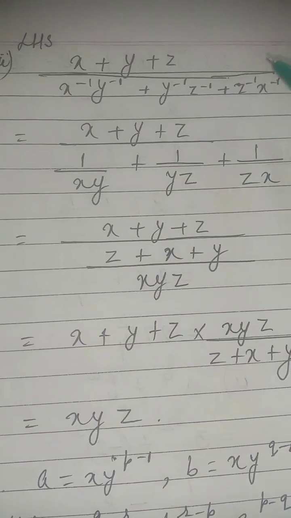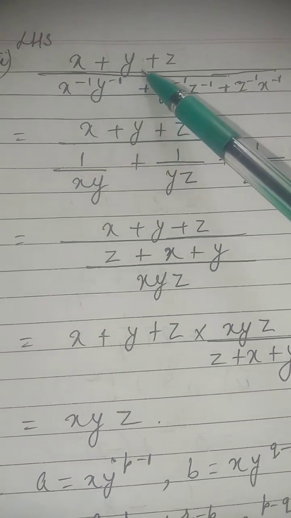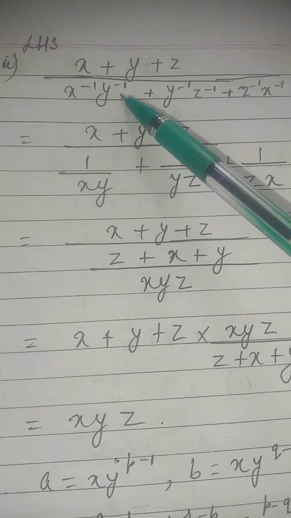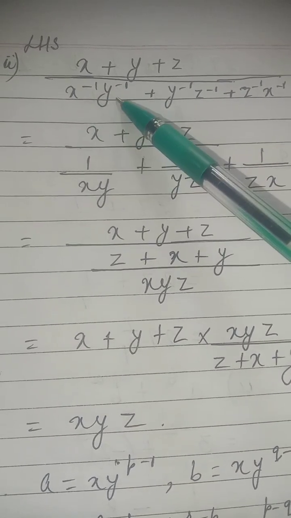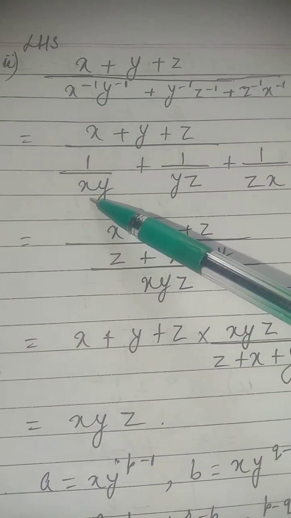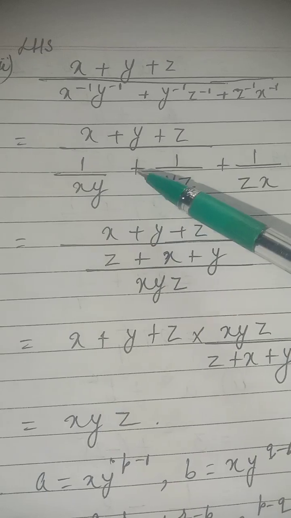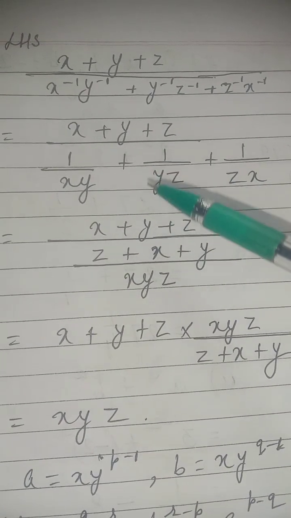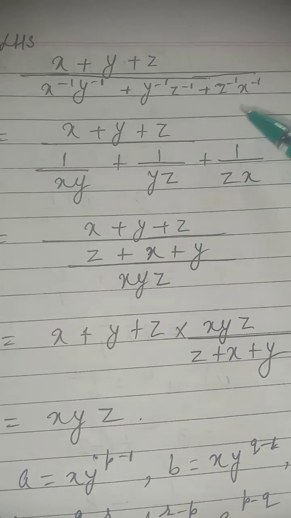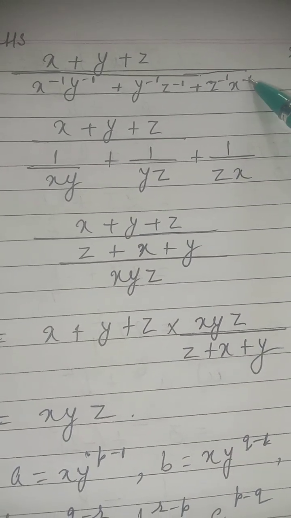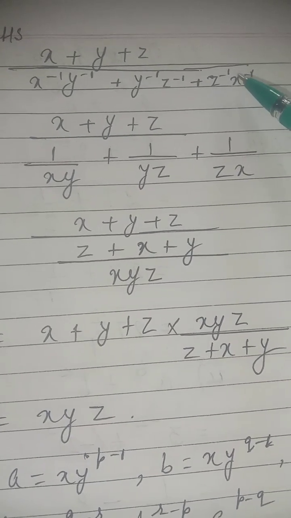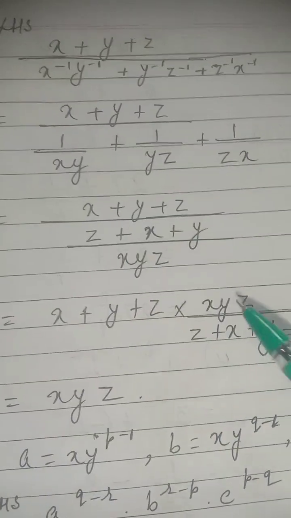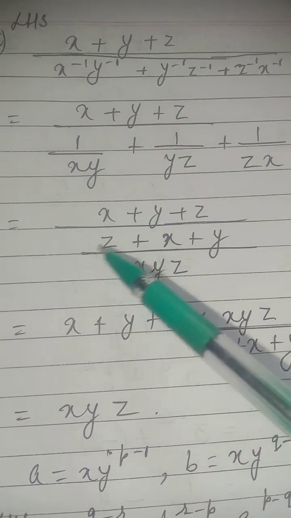Now if we simplify the LHS, x + y + z is written as it is, and in x^-1 y^-1 both the powers are negative, so we can write it as 1 by xy, plus y^-1 z^-1 as 1 by yz, plus z^-1 x^-1 as 1 by zx.